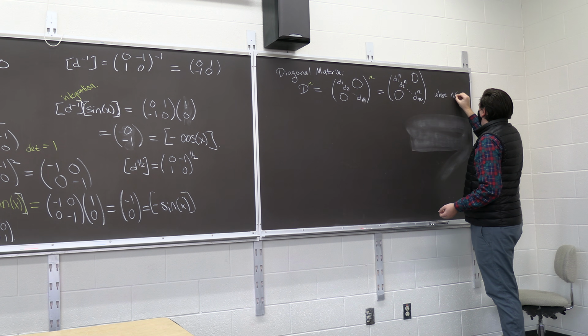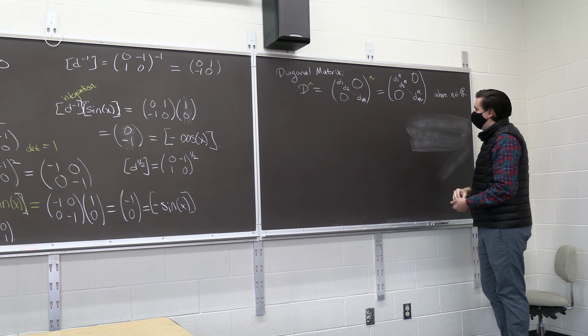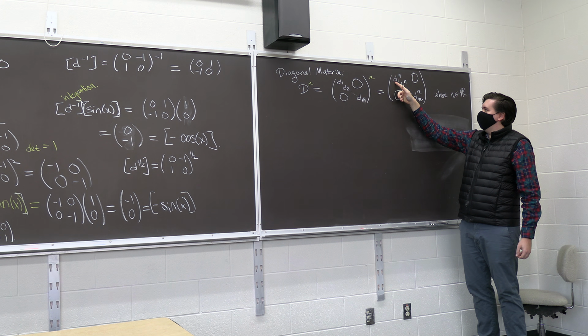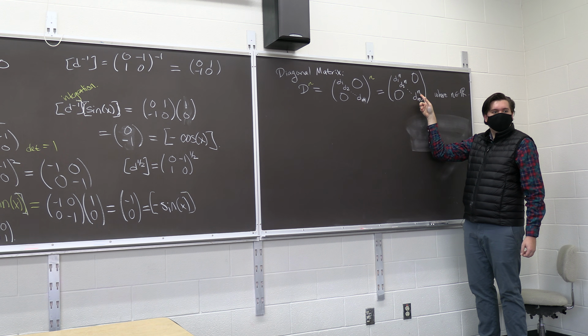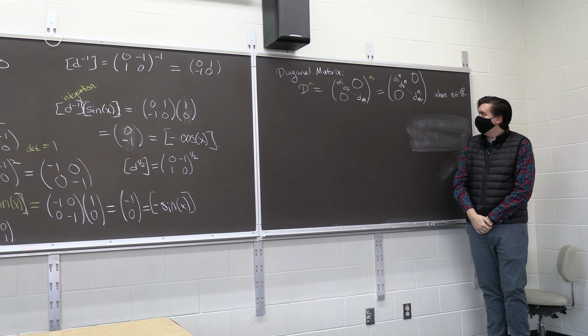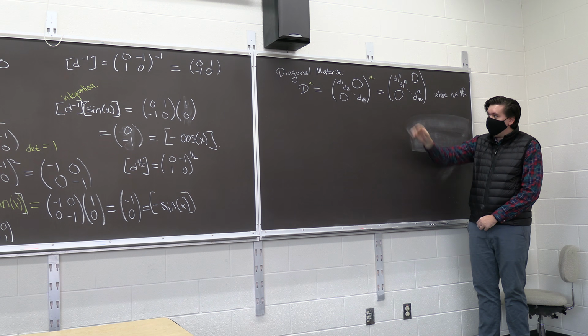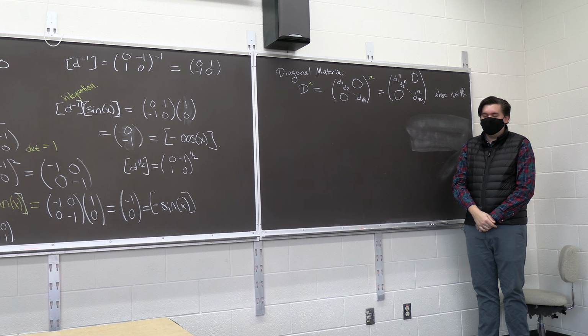Because we know how to raise a real number to any power. If this was 1/2, you could take the square root of all those values. So if you had a diagonal matrix, this would be very easy.